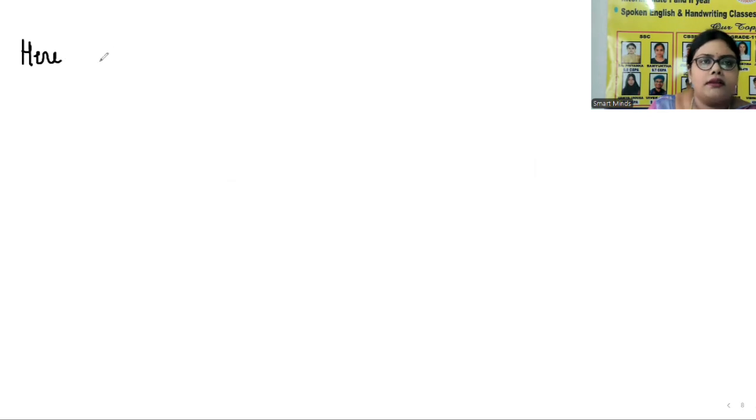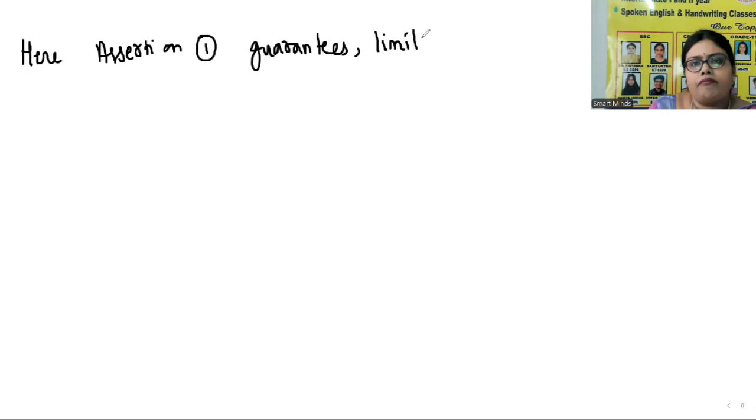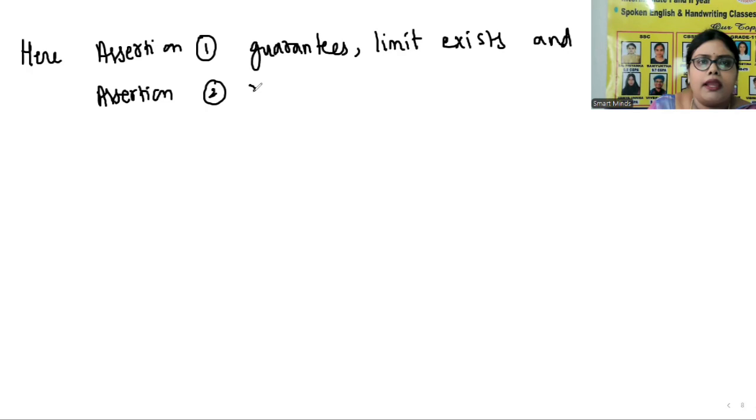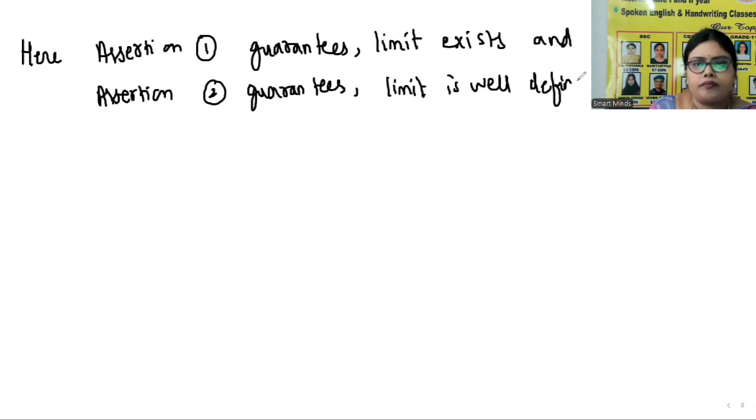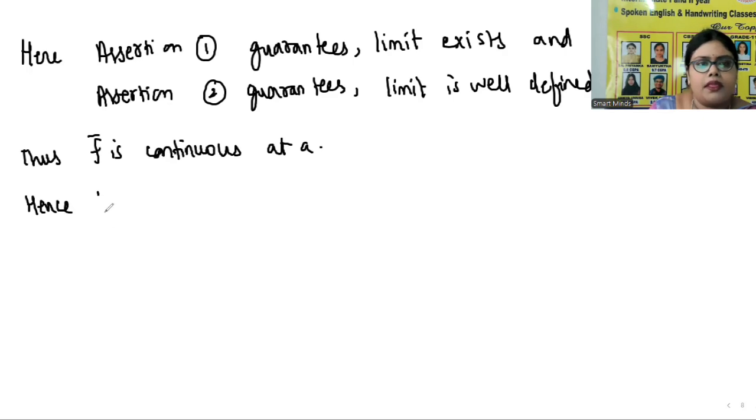So here you can see assertion number 1 guarantees limit exists and assertion number 2 guarantees limit is well defined and unique. Thus, f bar is continuous at a.